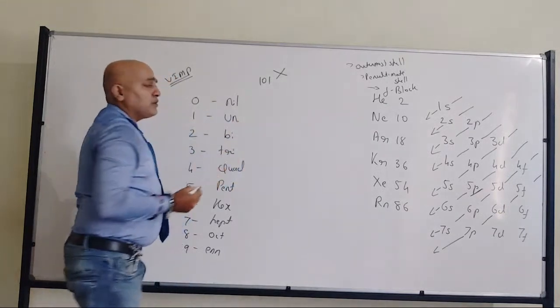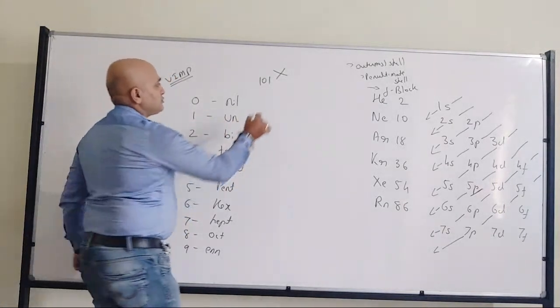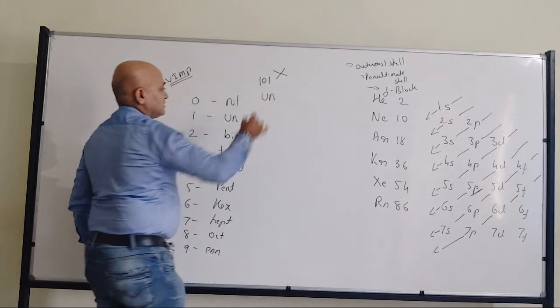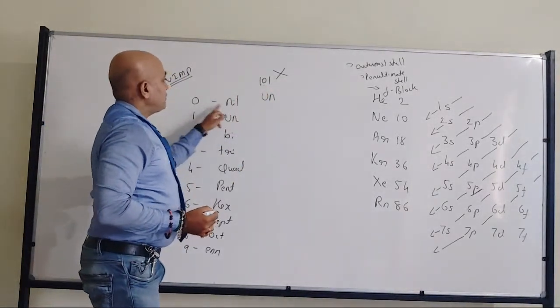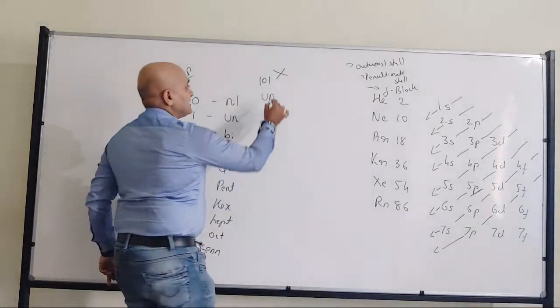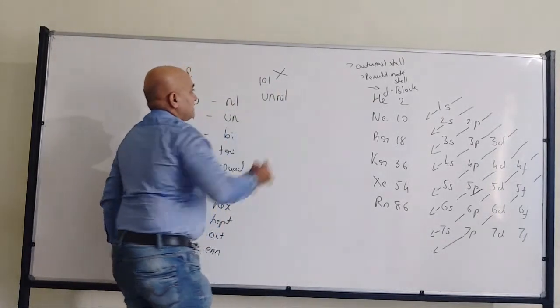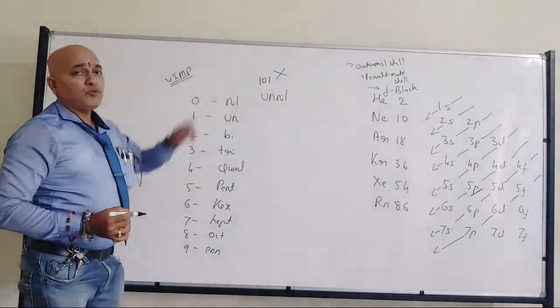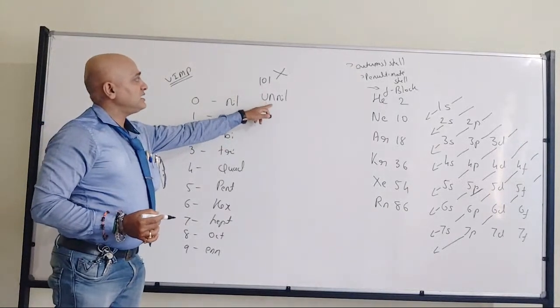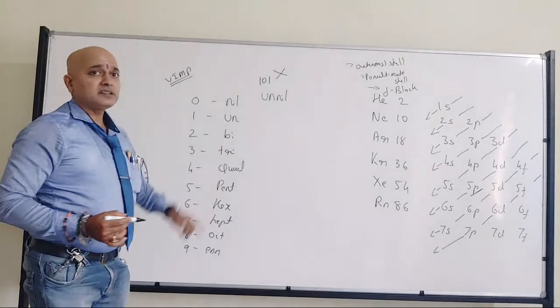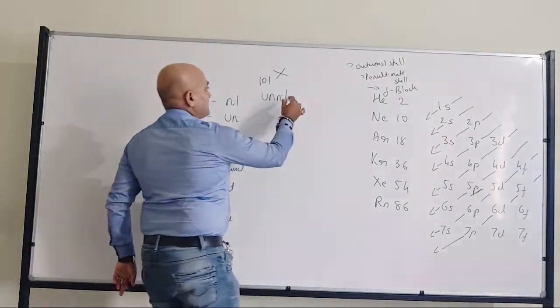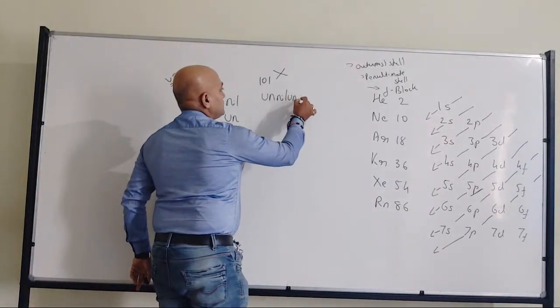First one is 1. That means I should talk about un. Right? So after 1, what is there? 0. What is that? 0 is called as nil, right? Once again, 1 is there. That means un. So I will write it as un-nil-unium.